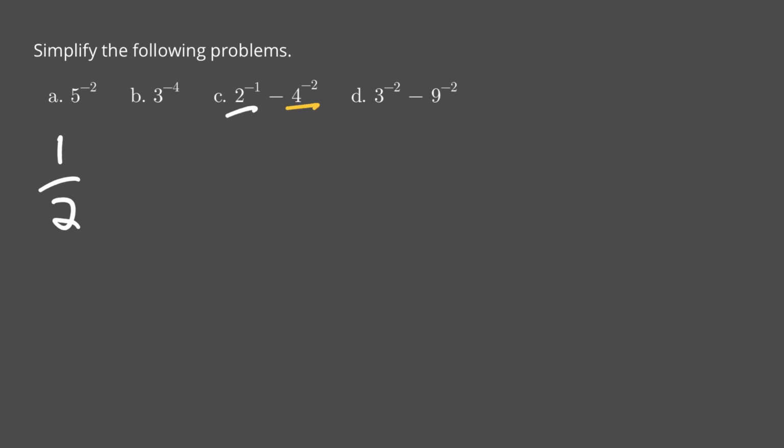And then 4 to the power negative 2 is the same thing as 1 over 4 to the power of positive 2, and these two numbers are subtracted from each other. Okay, now we can simplify the 1 over 4 squared. So we have 1/2 minus 1 over 4 times 4, which is 16.